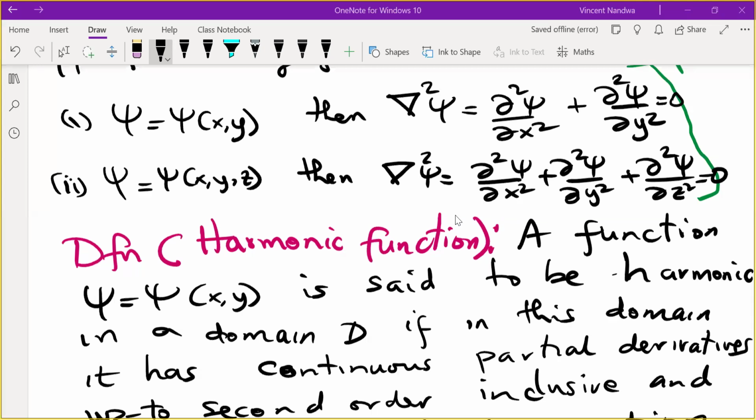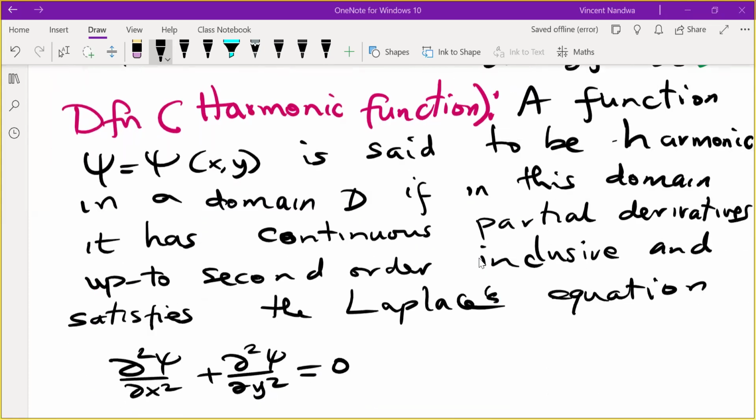Yes. Okay, good. So we are saying that a function which satisfies the Laplace equation is called a harmonic function.